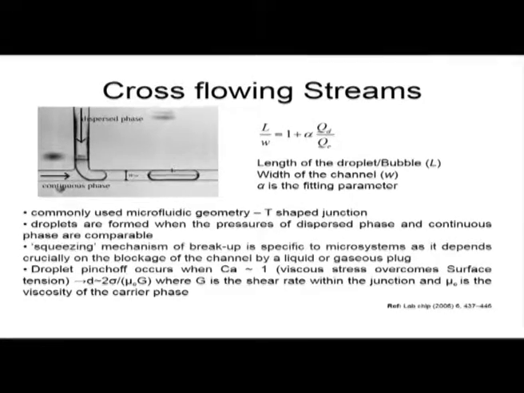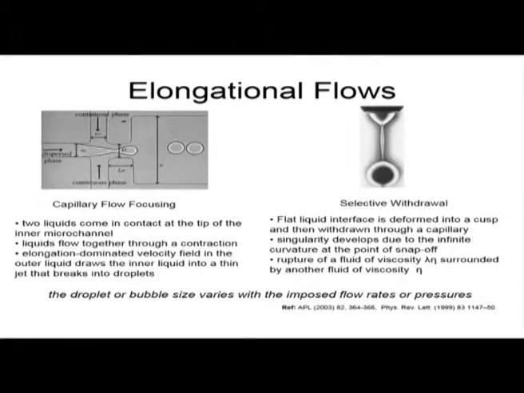Whether it will be droplet or bubble depends on the individual phase constituents. If one of the phases is a gas, you will typically get bubbles. You can use elongational flows. Two liquids can come in contact at the tip of the inner microchannel and flow together through a contraction, so as if the liquid is stretched, and then because of shear it can break into droplets.